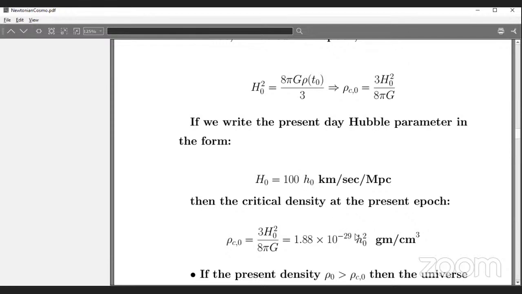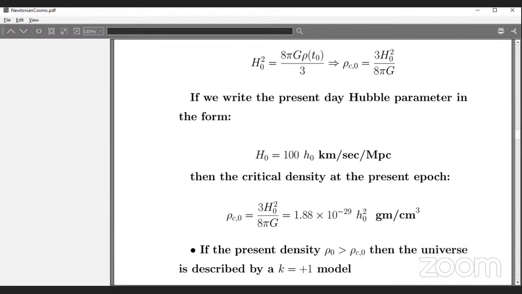So h0 is a parameter which is still to be ascertained accurately. But in terms of this parameter h0, the value of the critical density is 1.88 times 10 to the power minus 29 h0 squared grams per centimeter cubed.